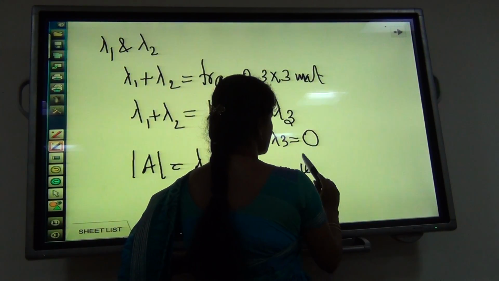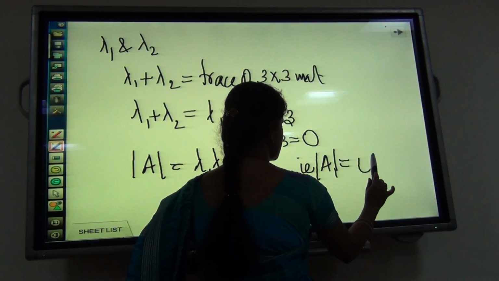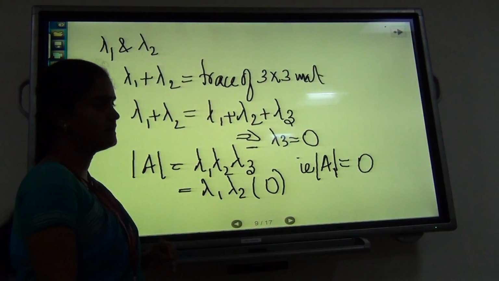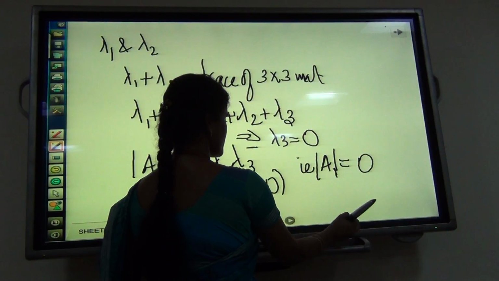It means the determinant of A is 0. So this is the answer for the first problem.